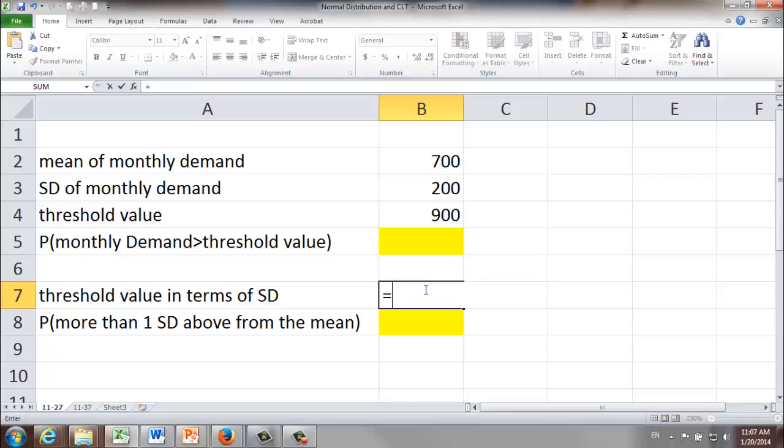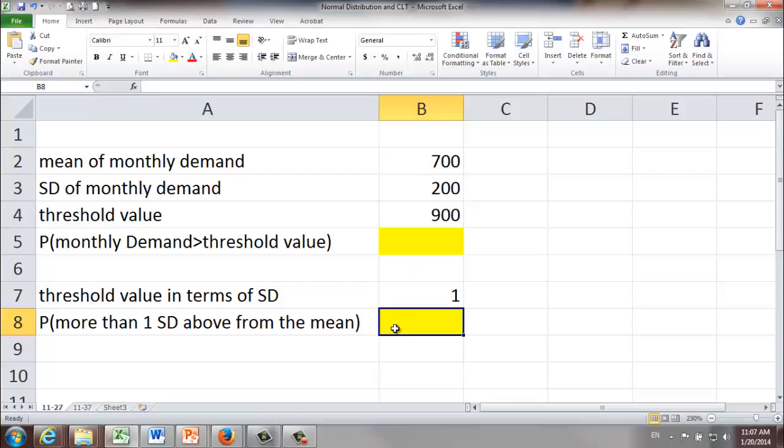It's going to be equal to the threshold value 900 minus the mean of monthly demand of 700, divided by the standard deviation, which is 200. We get 1. What does it mean? It means that the threshold value of 900 is 1 standard deviation away from the mean, which is 700.